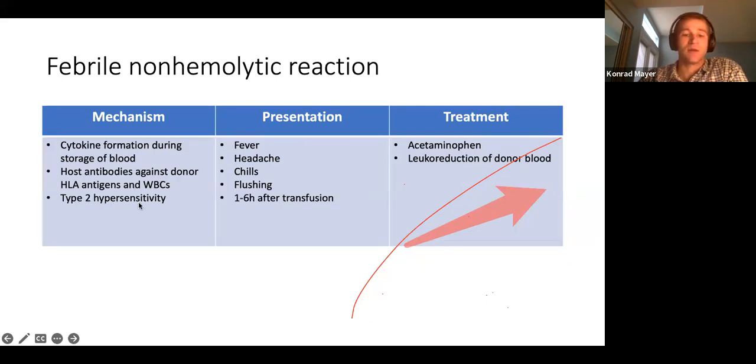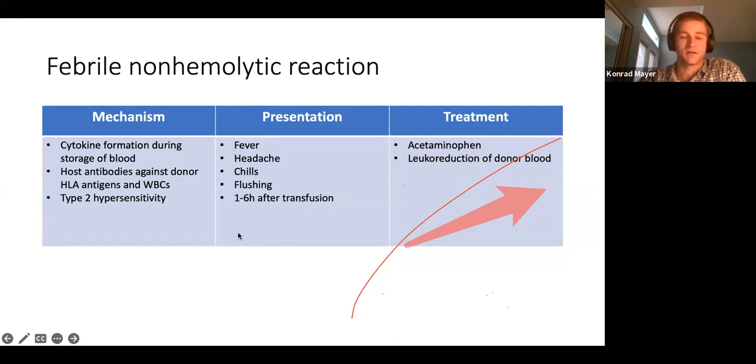This is type 2 hypersensitivity, and the presentation is fever, headache, chills, flushing, and it happens hours after transfusion. Since it happens hours after transfusion and the blood is not hemolyzing, it is treated with fever reduction, with acetaminophen, and preventative treatment is the leukoreduction of the donor blood.